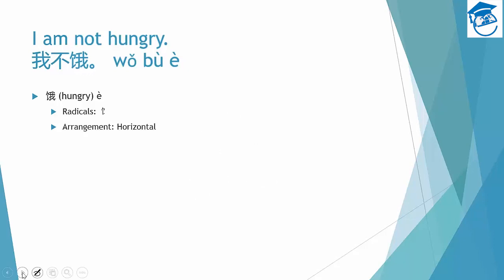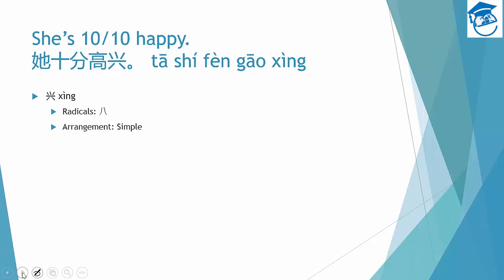Okay, next one, another way to indicate degree. The sample sentence I have here is she's 10 out of 10 happy, but of course this is just a translation of the Mandarin sentence, which is 她十分高兴.